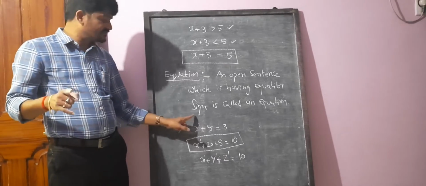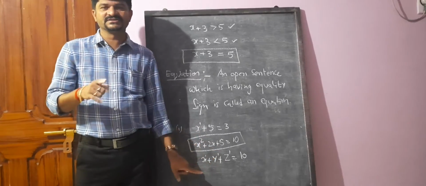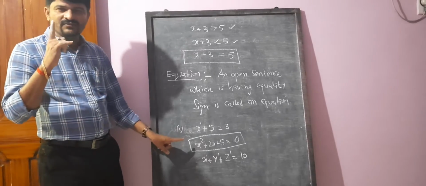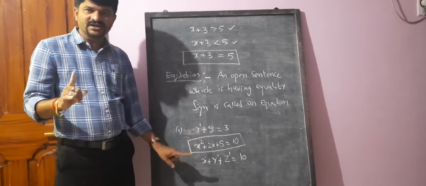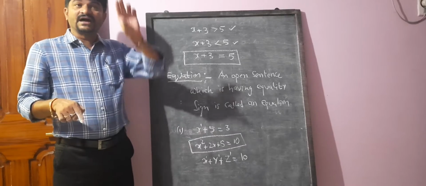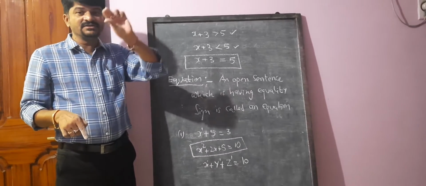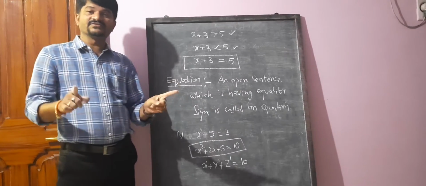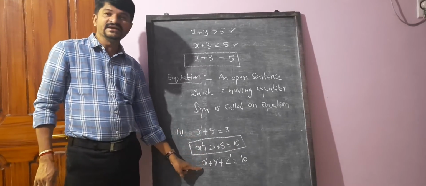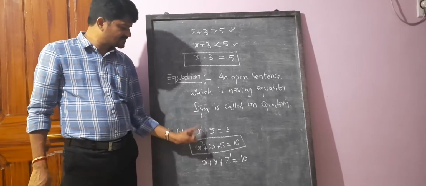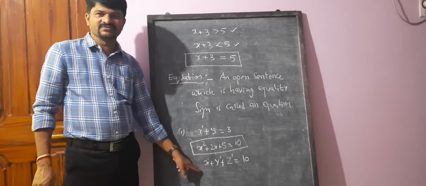Such equations are called linear equations. An equation should have some variables, and the highest index of the variable should be 1. Such equations are called linear equations.